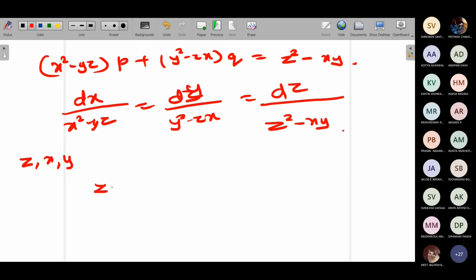If I take the denominator and check it: zx square minus yz square plus xy square minus zx square plus yz square minus xy square.